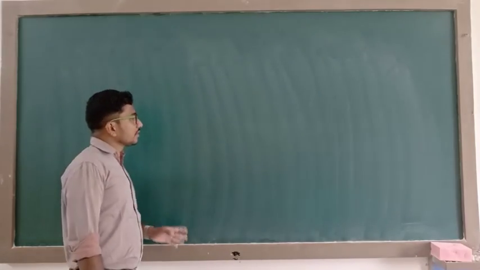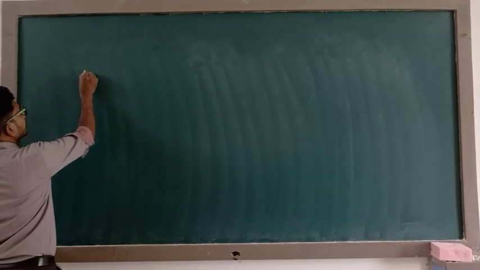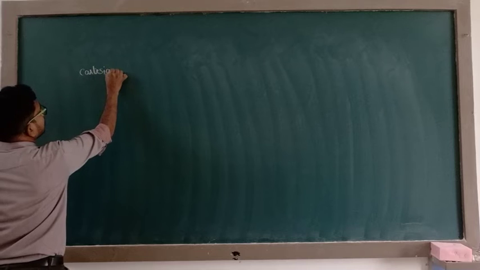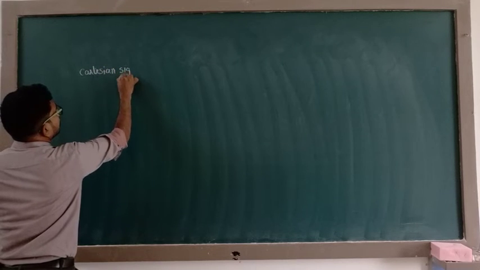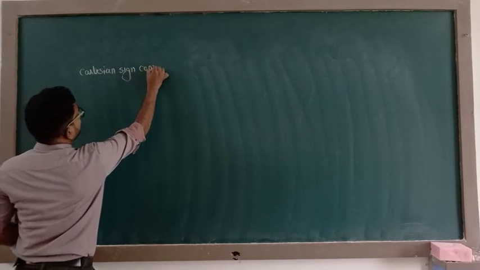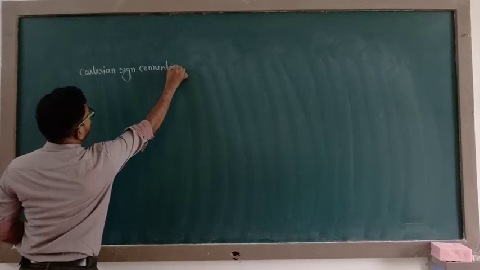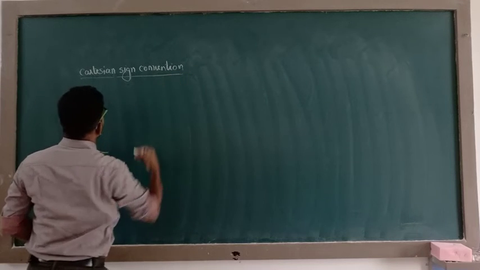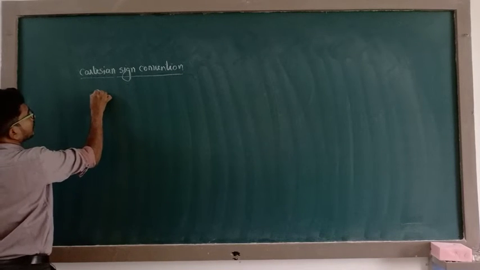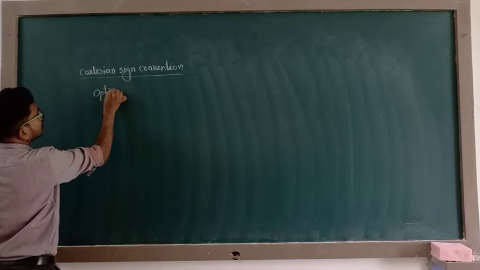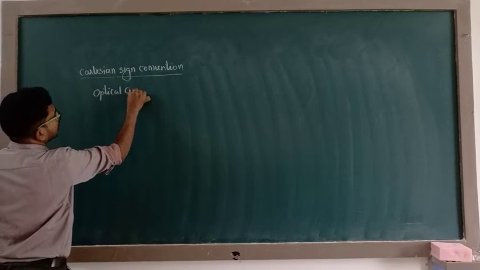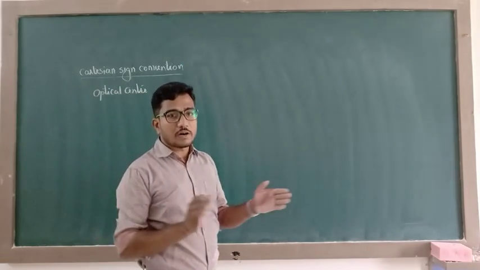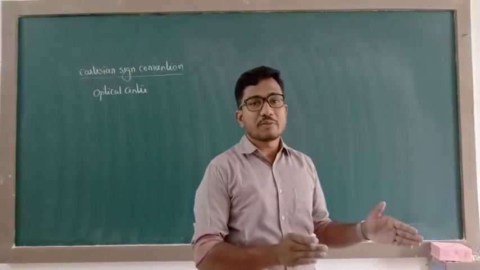So in case of this lens, the Cartesian sign convention: here the reference point is optical center. So all distances are measured from the optical center along the principal axis.